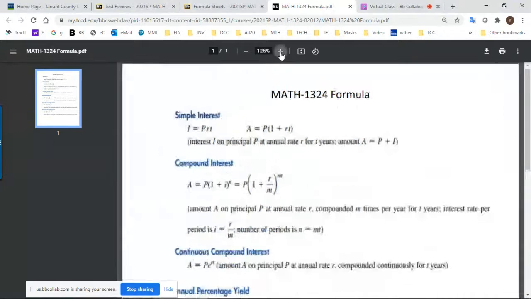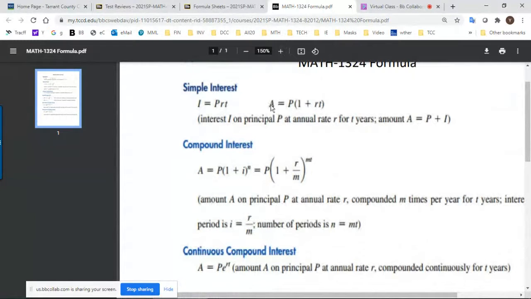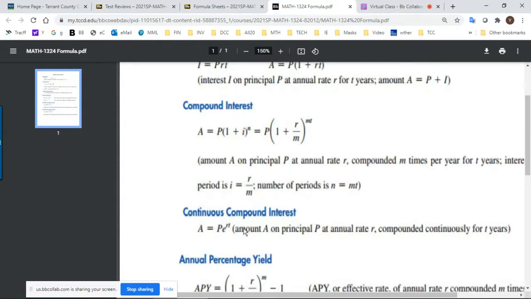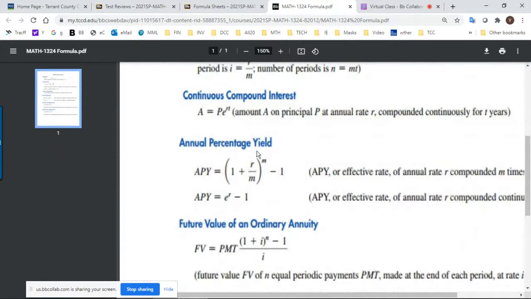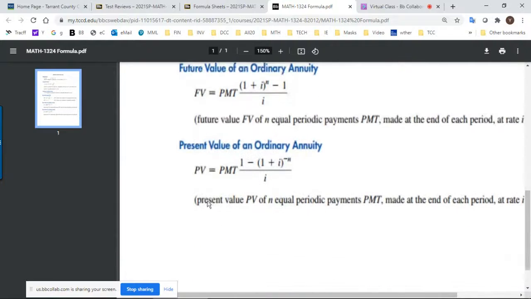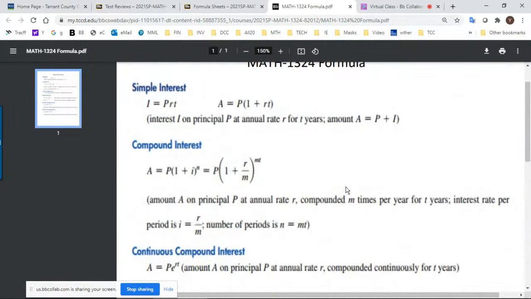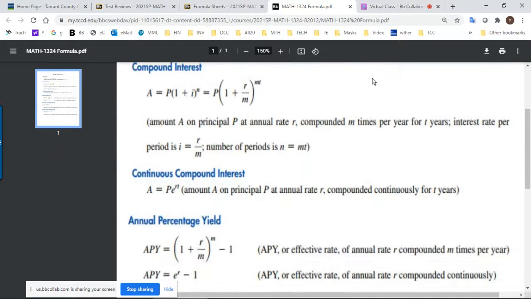Okay, so you have simple interest in here, then compound interest, then continuous compound interest, and then the annual percentage yield, future value, present value. So all the finance formulas are in here. You can actually print this page out and use it on the test. That is a really good deal, having a formula sheet for all the formulas for the test.